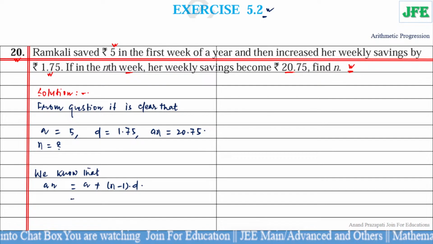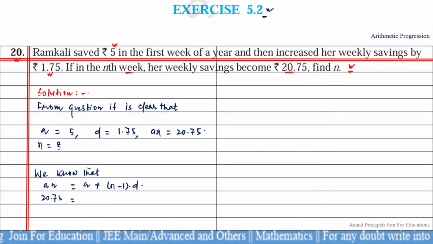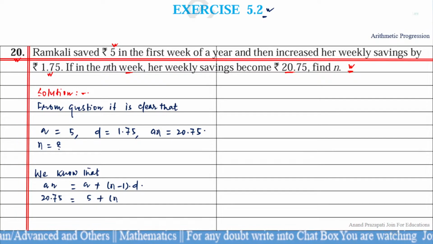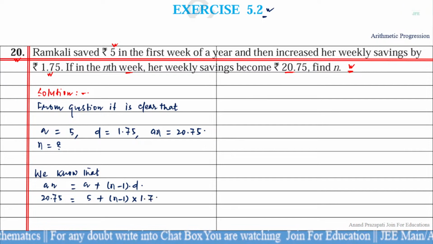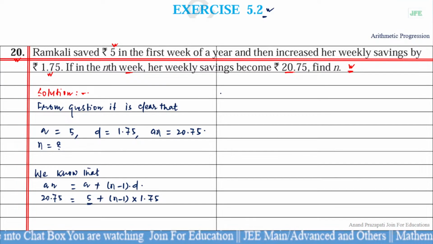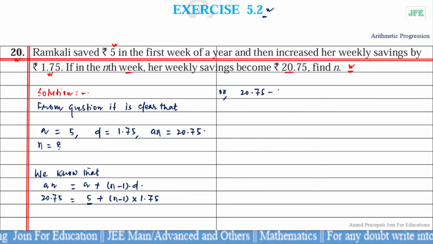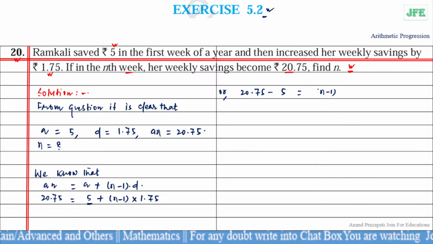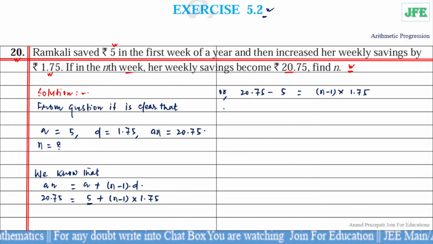So here an equal to 20.75. The value of a is 5, plus n minus 1 into d, equal to 1.75. So this 5 moves to the left hand side, then we get 20.75 minus 5 equal to n minus 1 into 1.75.